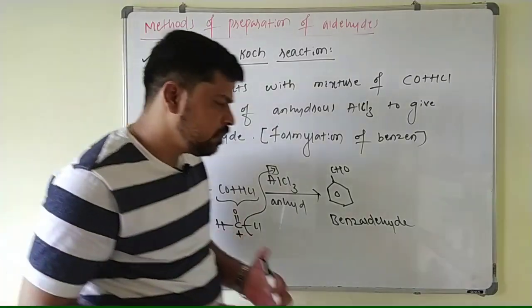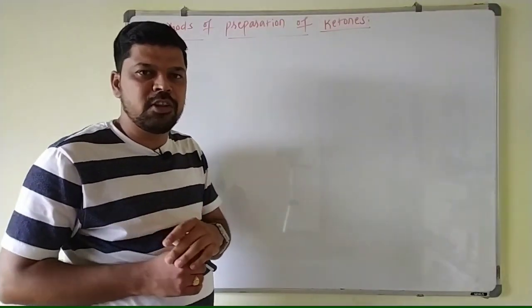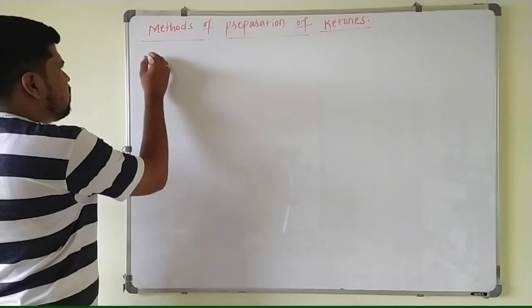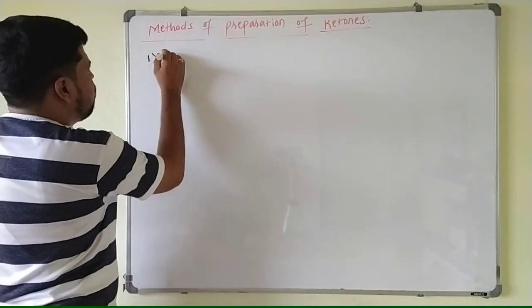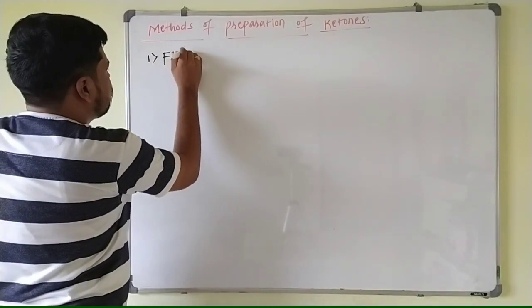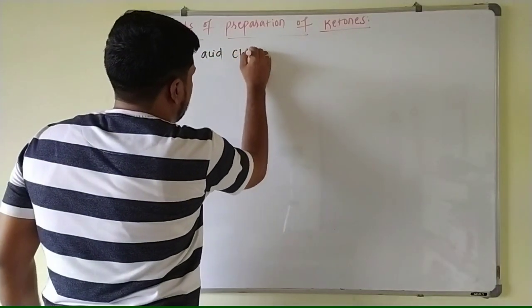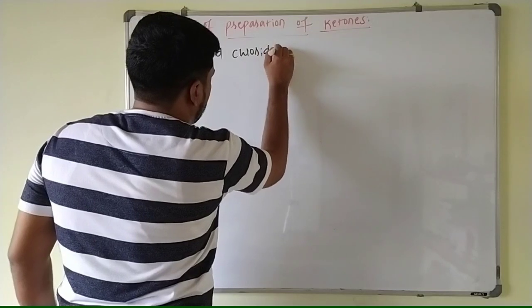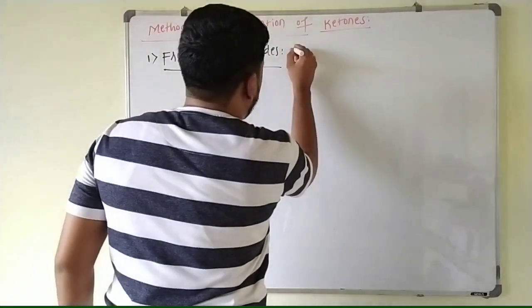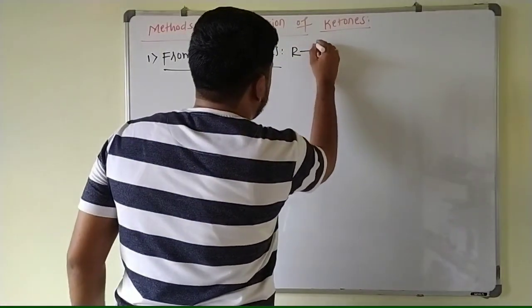Okay. Next point, ketones. Here there are some special methods for the preparation of ketones. So the first one is from acid chlorides. These acid chlorides are nothing but RCOCl.